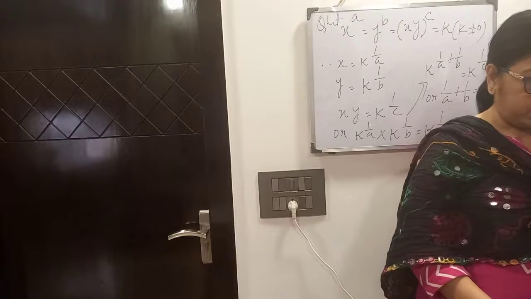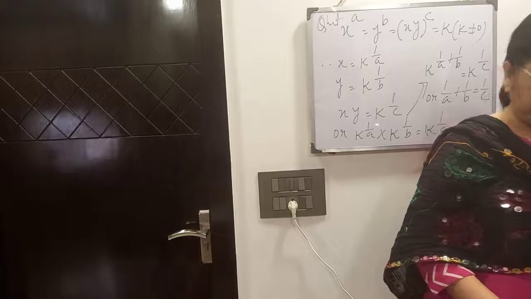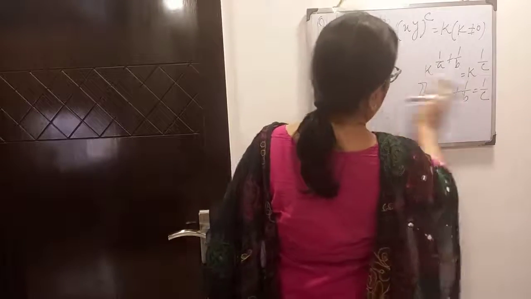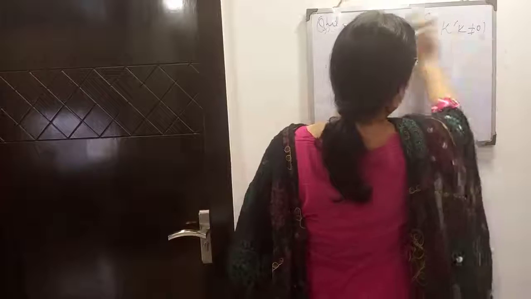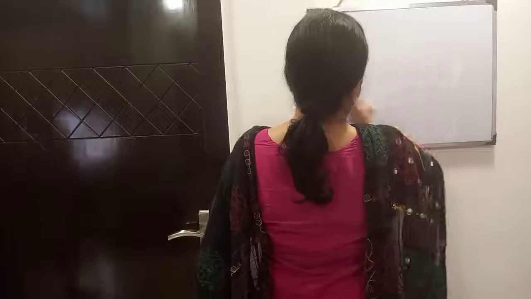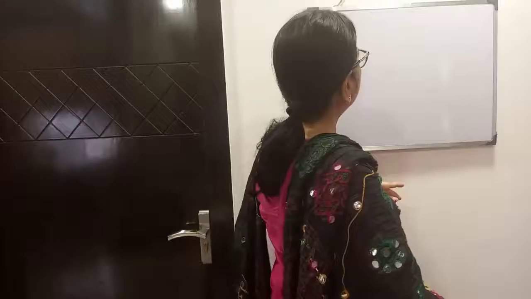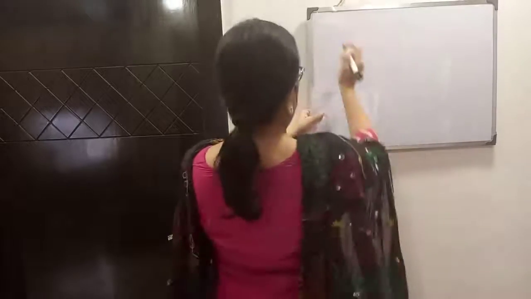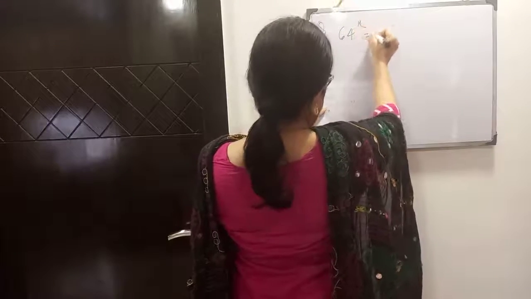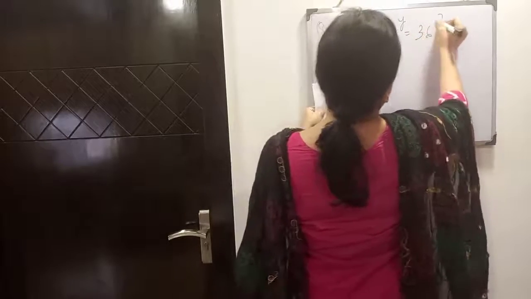Now next one, it is given this. It is important. Okay. Next one. 64 to the power x equals 48 to the power y equals 36 to the power z.